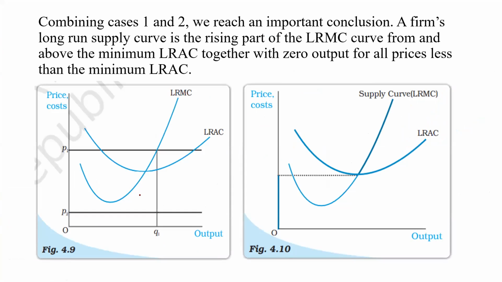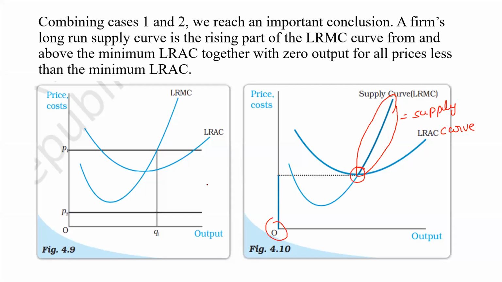When it comes to the long run, the supply curve of a firm will be the rising part of the long run marginal cost curve. The rising part of the long run marginal cost curve we will use as a supply curve. And when price is equal to the average cost, the output production will be 0.